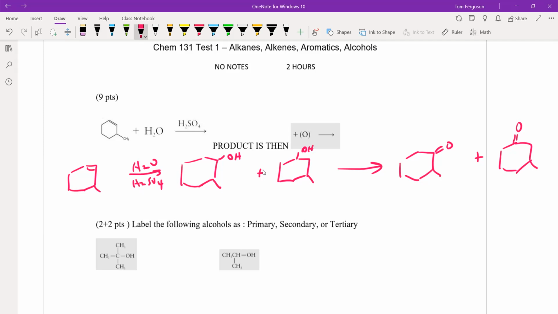So this first cyclohexene is going to be 3-methylcyclohexene. And that's going to generate cyclohexanol.